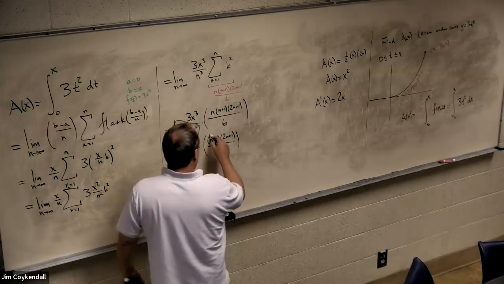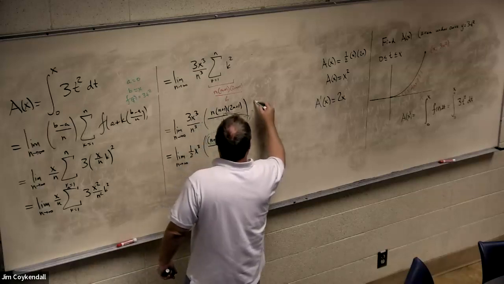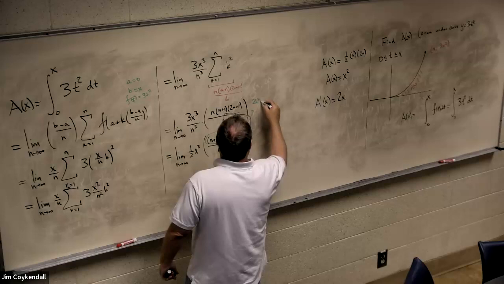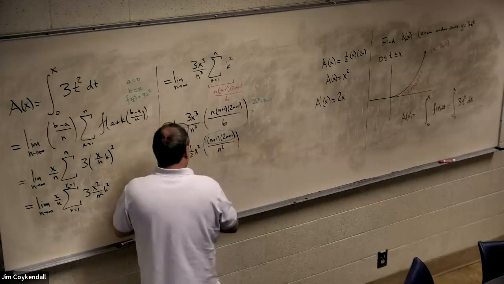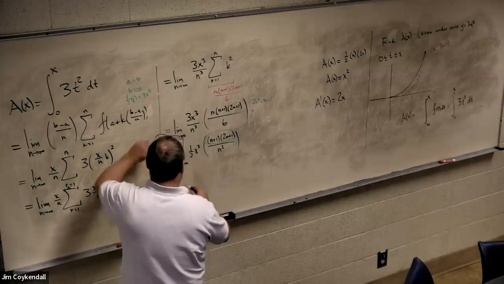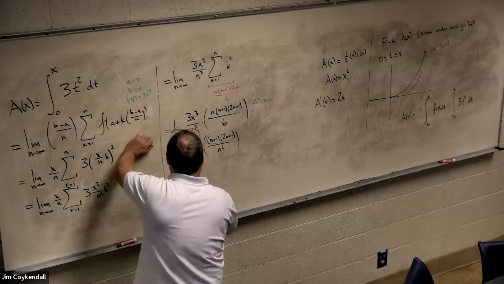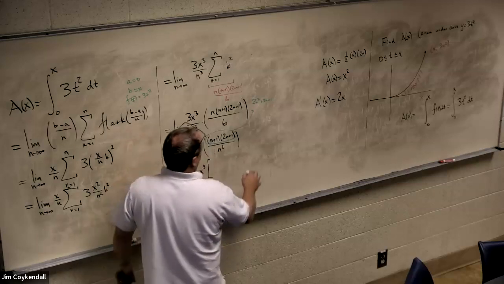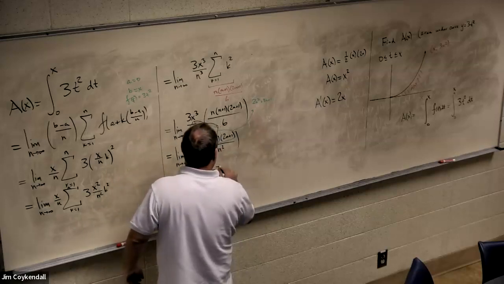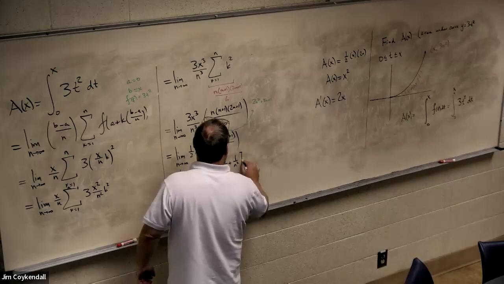Now this bit, this is complicated quite well. This bit is 2n squared plus 3n plus 1. So this is then 1/2 x cubed times, divide this by n squared, 2 plus 3 over n plus 1 over n squared.